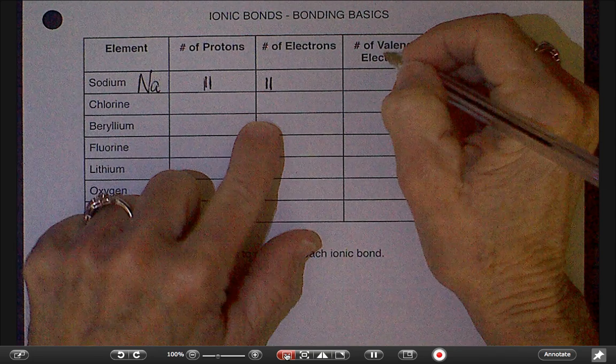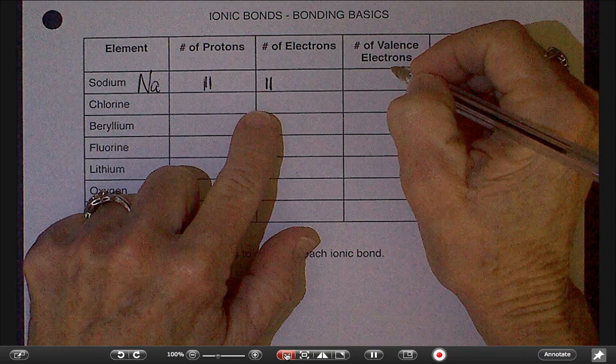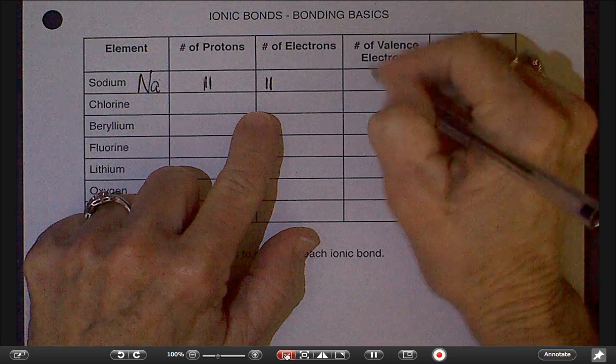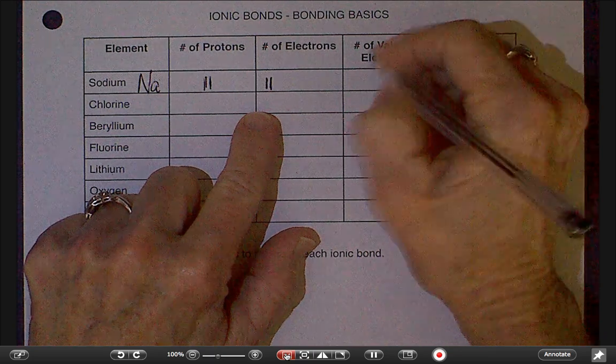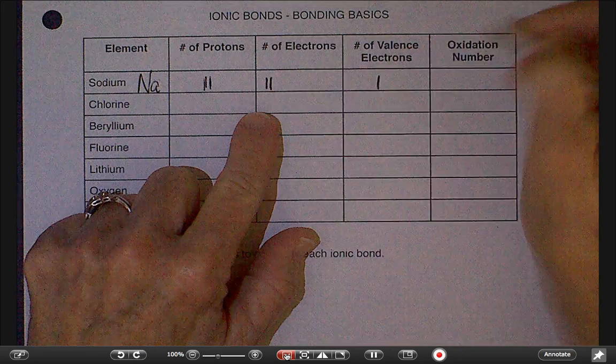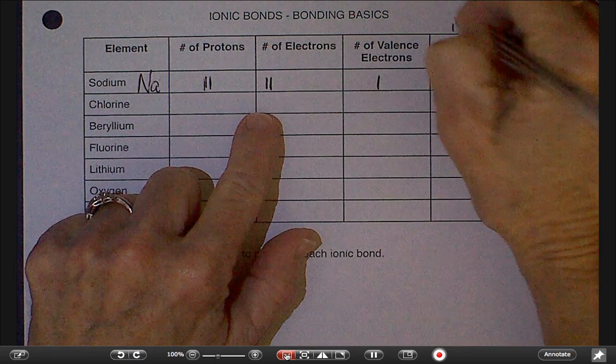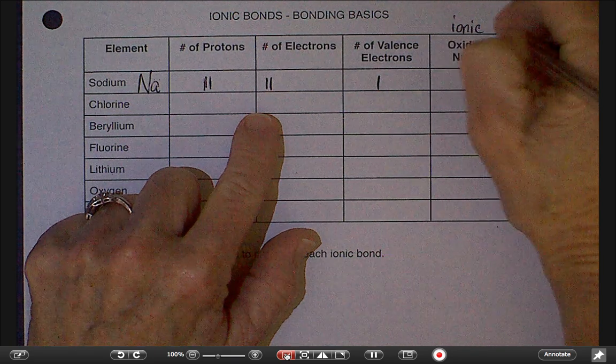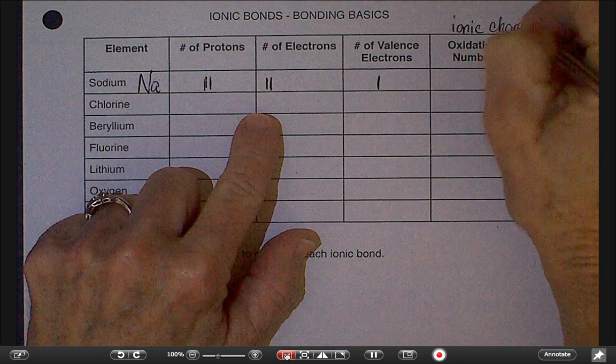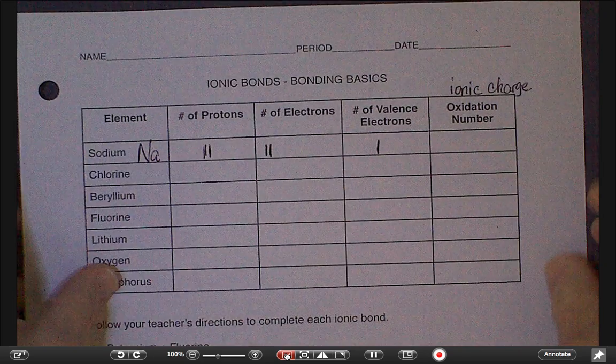Now then, number of valence electrons for group 1. And if you can't answer that question, you're already way behind the curve. Okay, what is its oxidation number, which is the same thing as ionic charge?